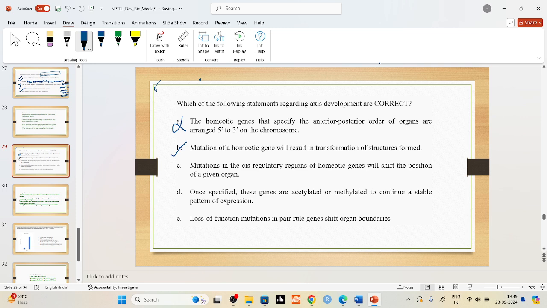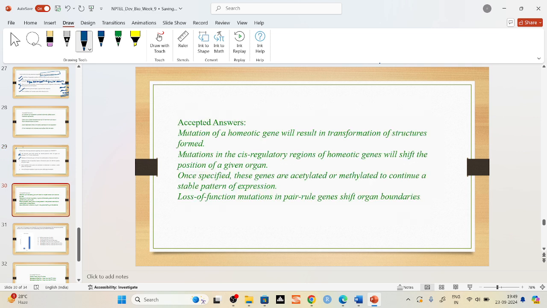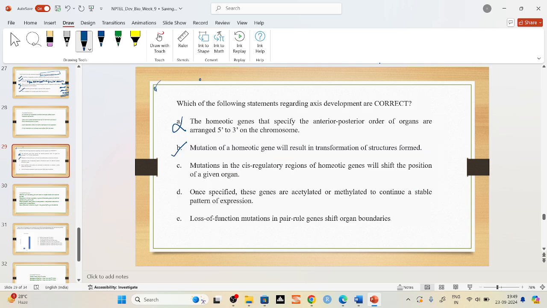Your next statement is mutations in the cis regulatory regions of a homeotic gene will shift the position of the organ. So can it happen? Is it a correct statement or not? Yes. Why? Because when there is a mutation in the cis regulatory elements, then there is a change in the expression pattern of the homeotic gene. And when there is a change in the expression pattern of the homeotic genes, then there can be alterations in position and identity of structures.